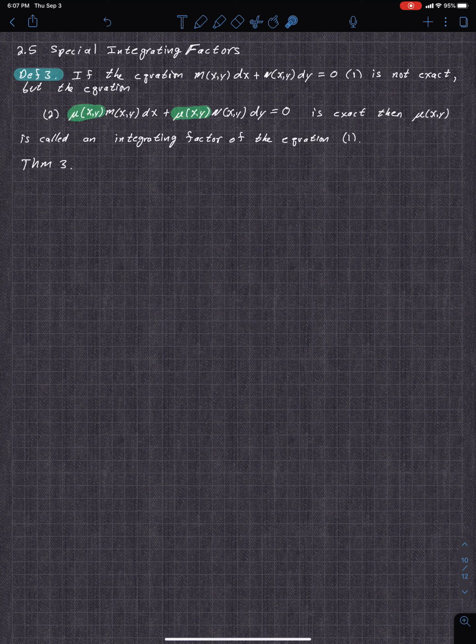But this is a more general case. Then this is an integrating factor. So write all that down, and we'll label these equation 1 and equation 2. If that's the case, then mu of x,y is called an integrating factor for equation 1.